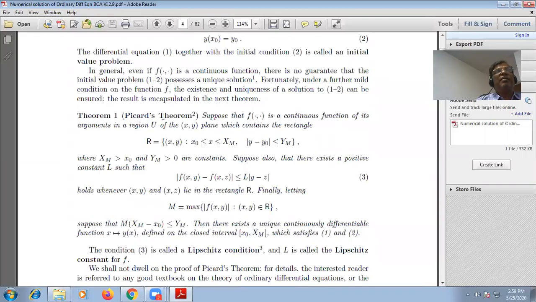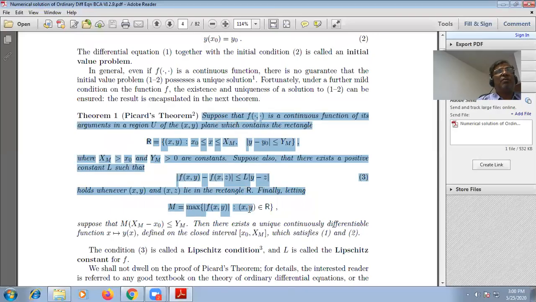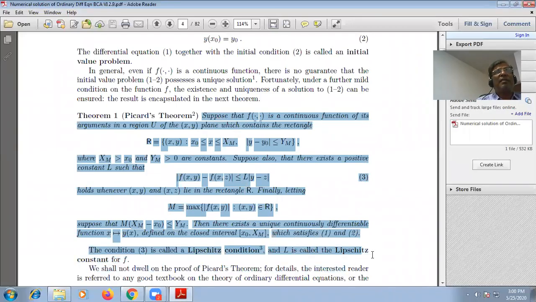What is Picard's theorem? You have to try to write this statement several times. You should write the Lipschitz constant of f. You should write these conditions.